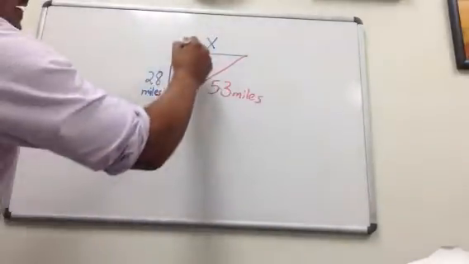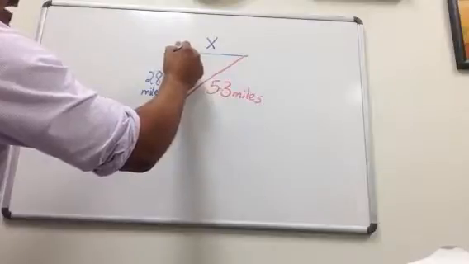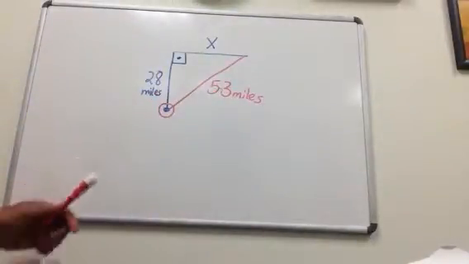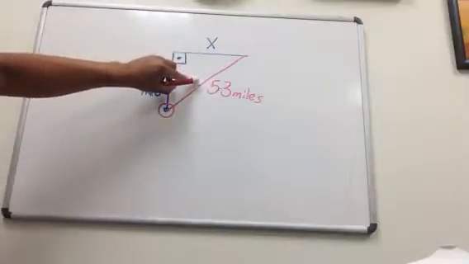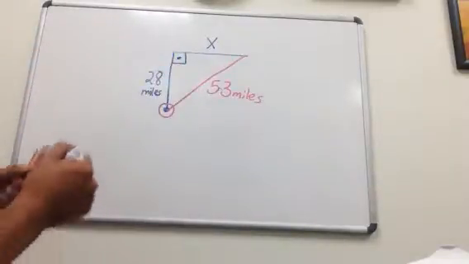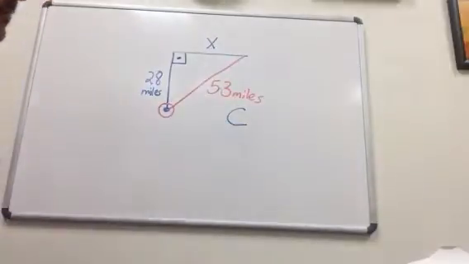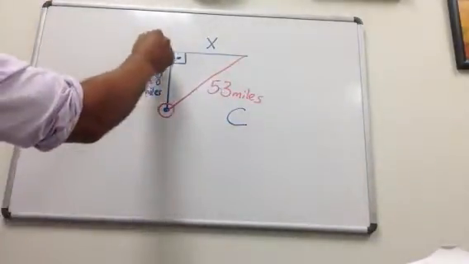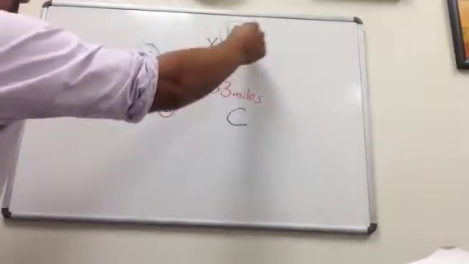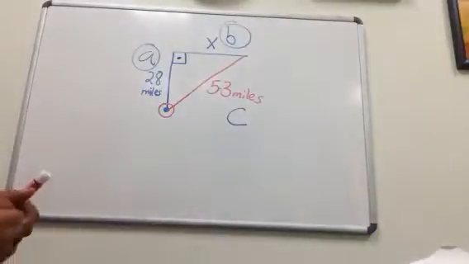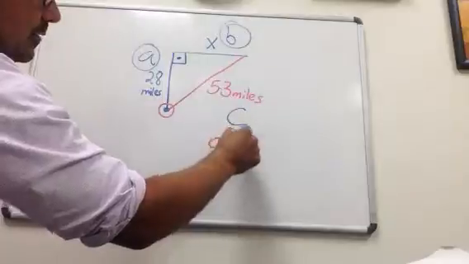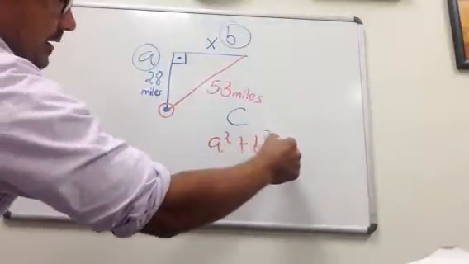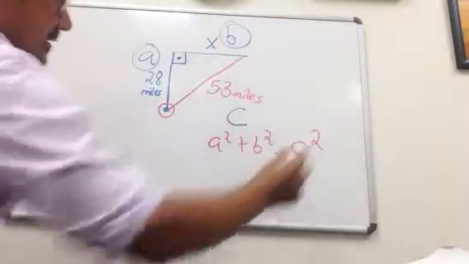Once again, I have a right triangle here. The opposite side, so if this is my right triangle, the opposite side is the hypotenuse, or what we call C. So I can call this A, and I call this side B. And again, if you remember the relationship, A squared plus B squared equals C squared.